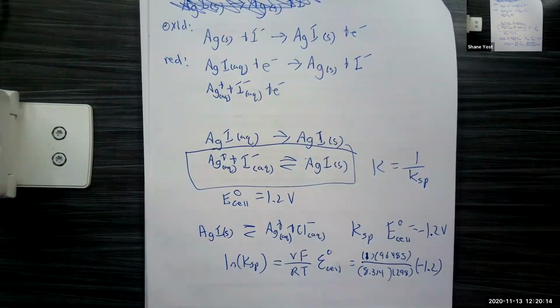Your KSP for your solid AgI is the concentration of Ag plus times the concentration of I minus. The KSP is this equilibrium reaction specifically. If you don't remember from Gen Chem, the solubility product equilibrium reactions are a solid forming aqueous ions in solution. So that's what that KSP is.